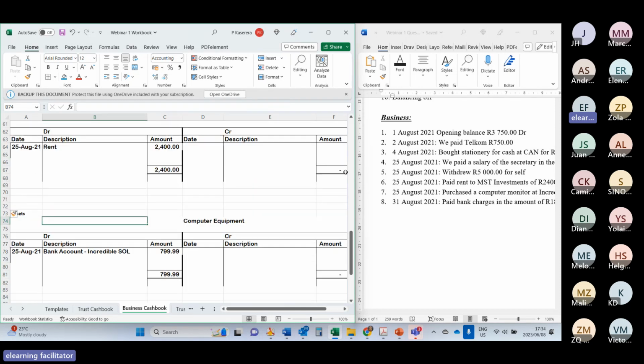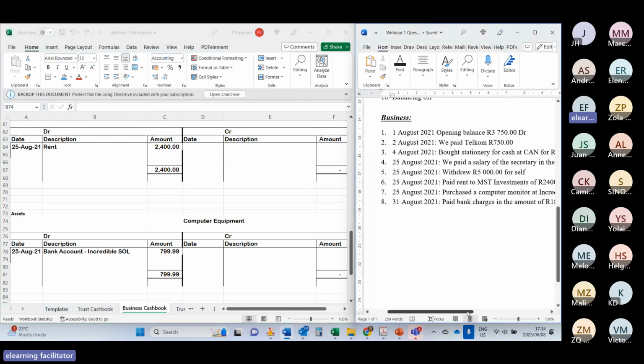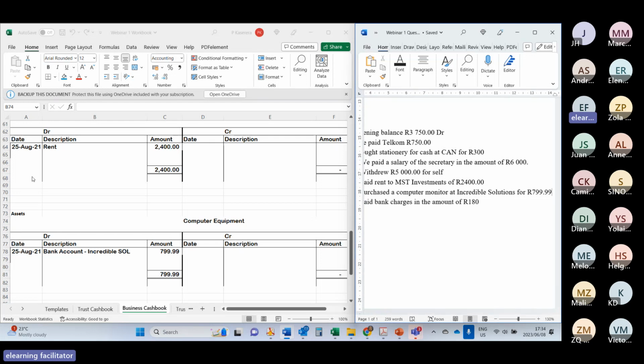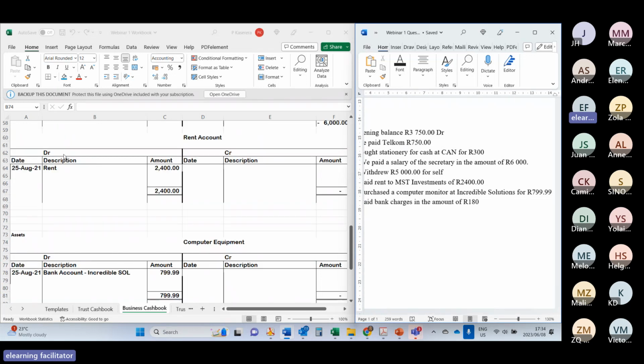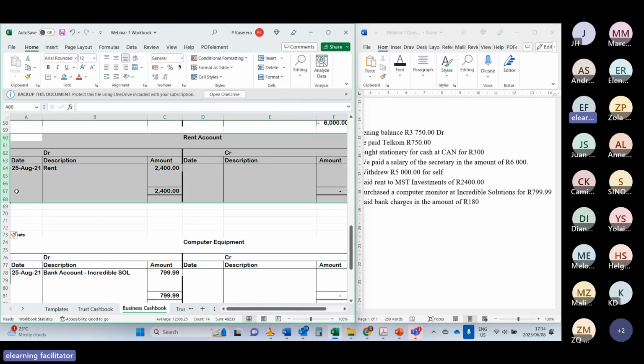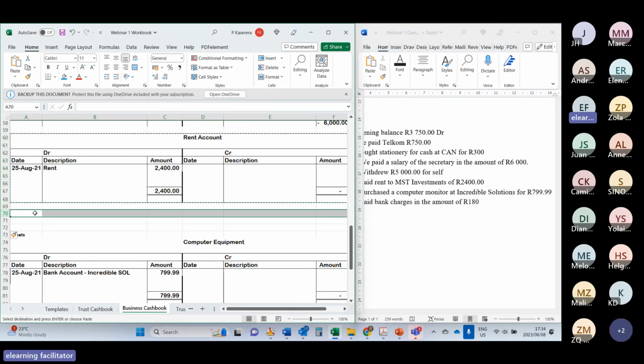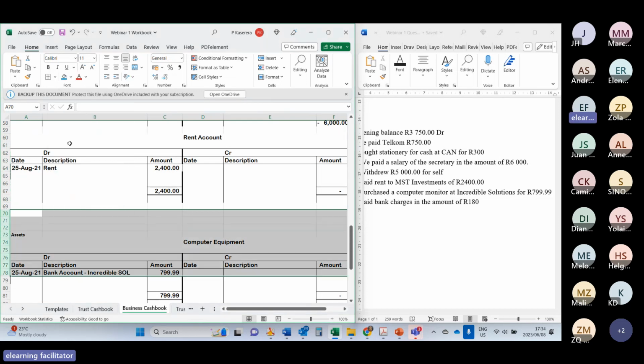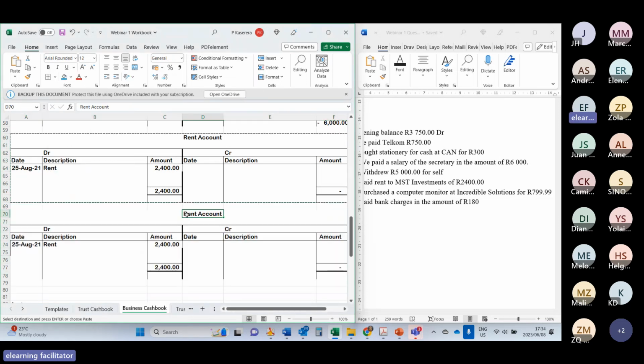And then the last transaction is our bank charges in the amount of 180. So this is a bank charge to our business account. So it is an expense of the business. We do not mix it up with the trust account.